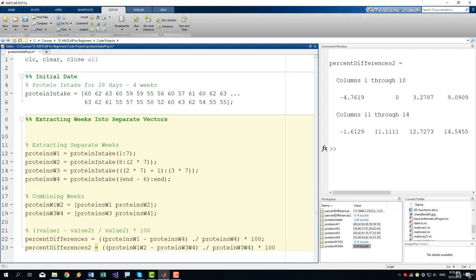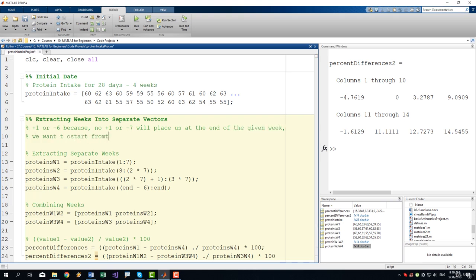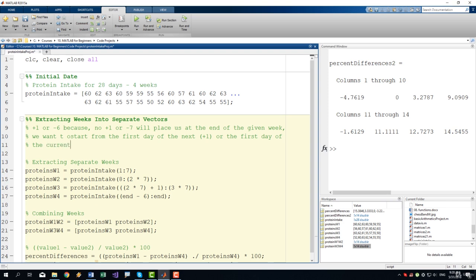And we can add an explanation about the -6 here and the +1s. So we can say +1 or -6 because if we don't have a +1, so no +1 or -7 will place us at the end of the given week. We want to start from the first day of the next +1 or the first day of the current week, which will be the -6.